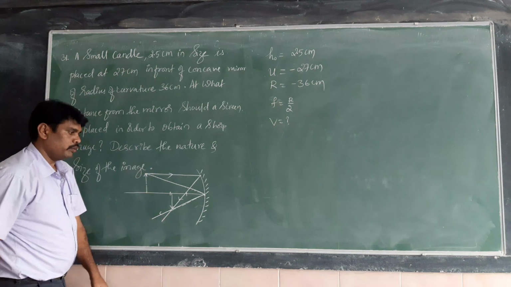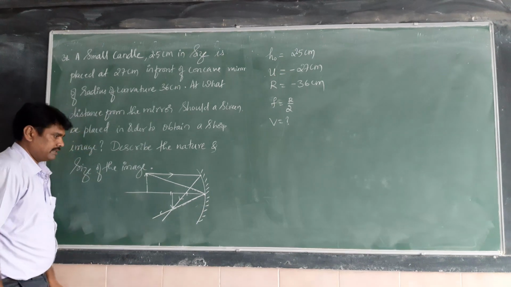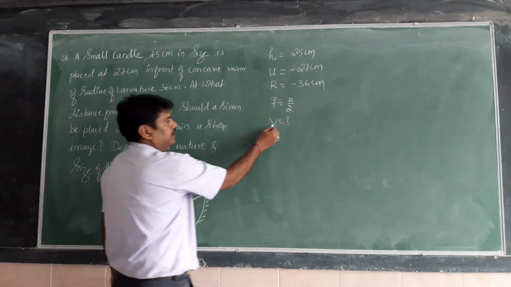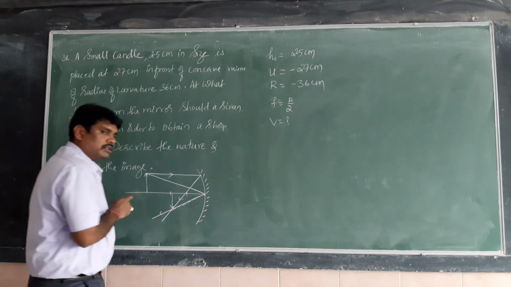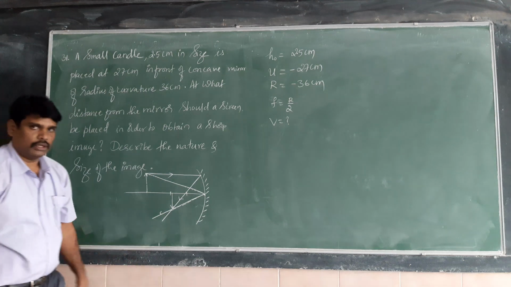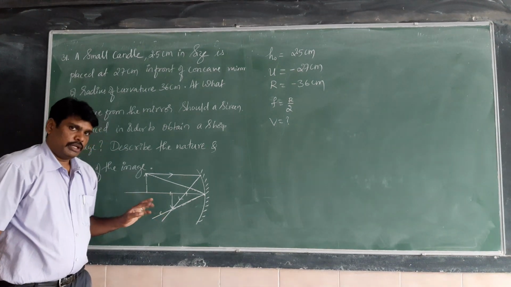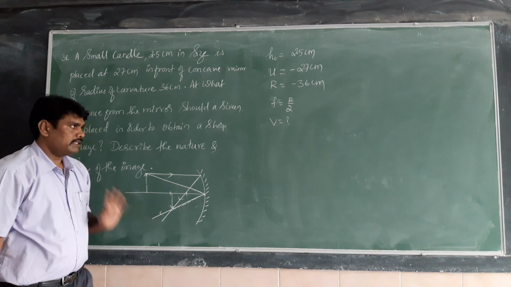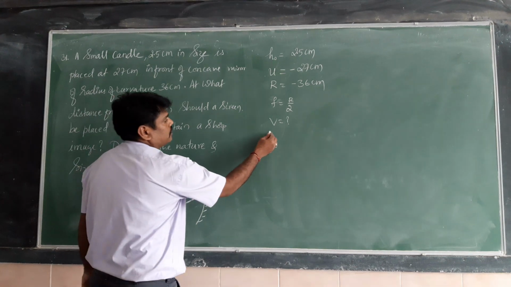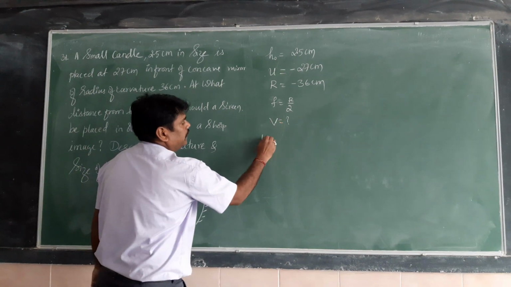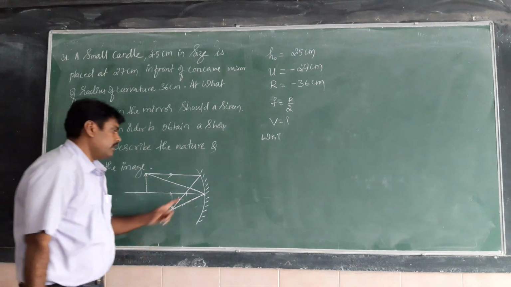Real images are always inverted and it requires a screen to watch this. Now, that distance we want to calculate from here to here, how much the distance and what nature of image is formed. That is already told. It is a real inverted image, because real images are always inverted. That's why you get negative for the height of the image. So to find v, we know that there is a formula called the mirror formula.